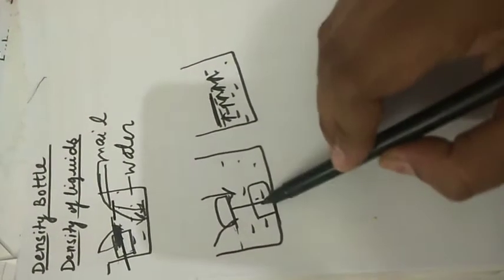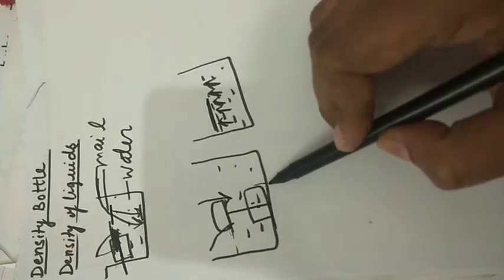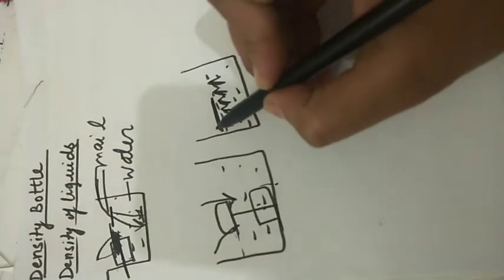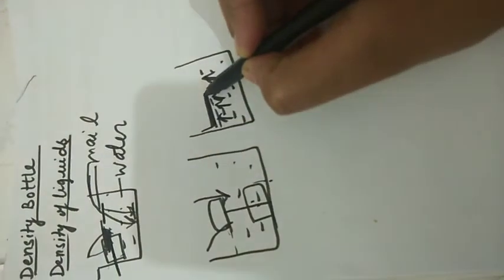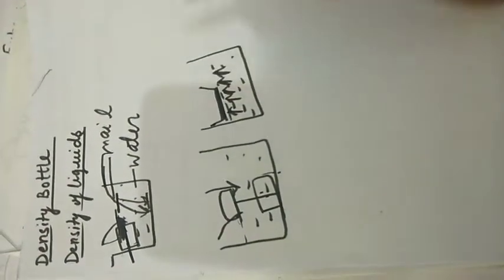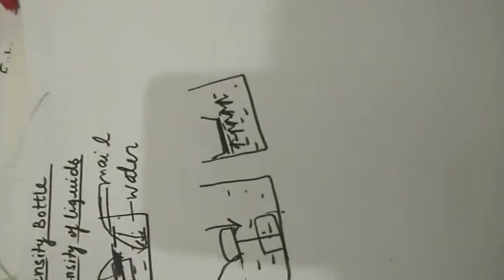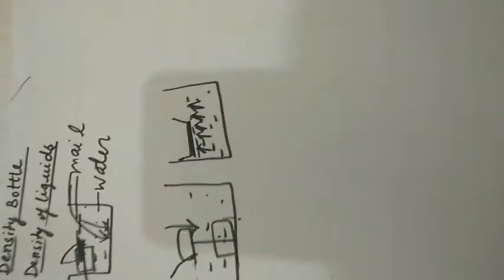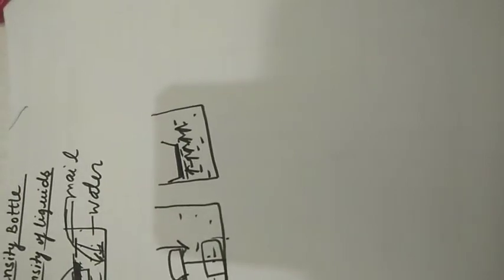Now for this we can take the example of an iron nail which sinks in water, and we can take the example of a ship. Now students, if you take the example of a ship which is carrying a lot of people, it still does not sink in water.